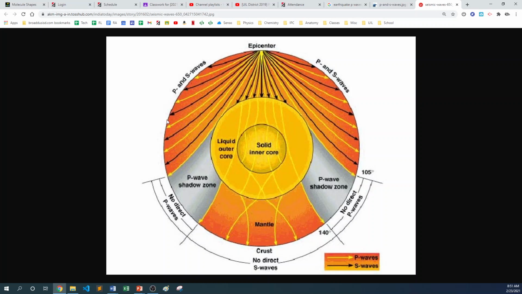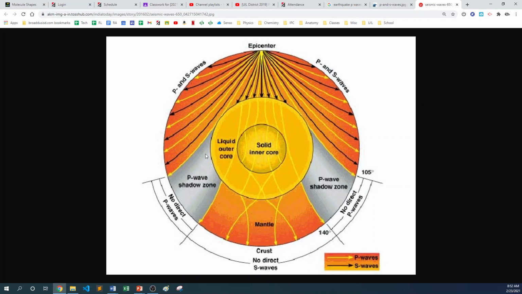So we've detected it around the world. We figured out where the epicenter of an earthquake was, and we had very sensitive seismic detectors. We can actually see, based on solid or liquid, how the S waves are deflected. We'll learn about that later, how waves are reflected when they pass through different mediums.